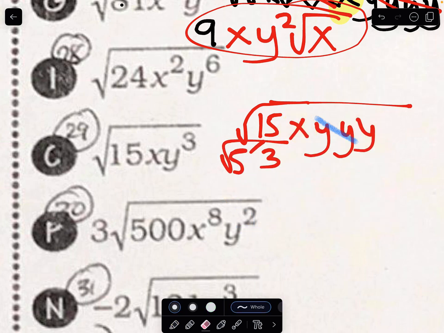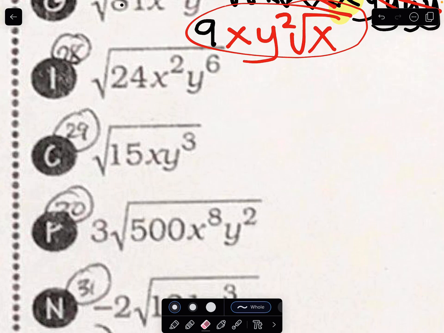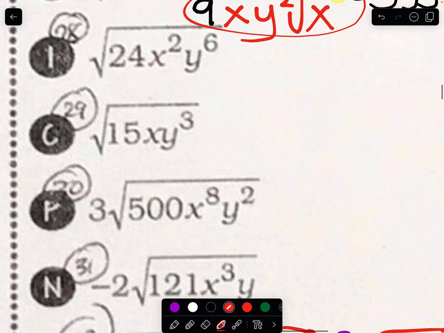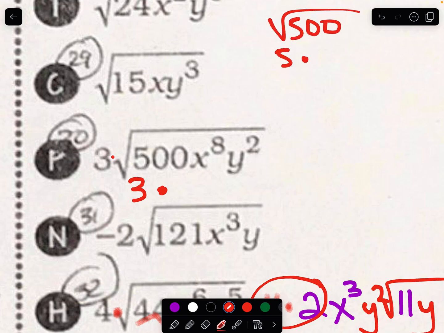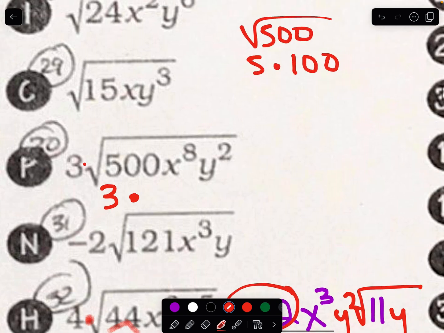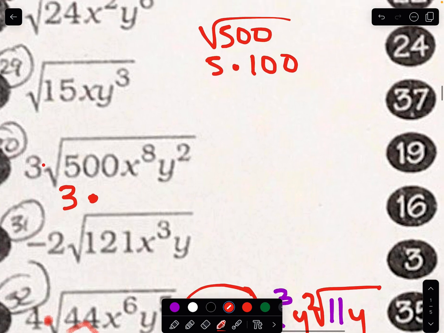Okay. You're supposed to do this on a separate sheet of paper. Don't crumple it all together. Here is 3 times whatever the square root of 500 is. Put it right here. I do 5 times 100. And there's 8 of them.